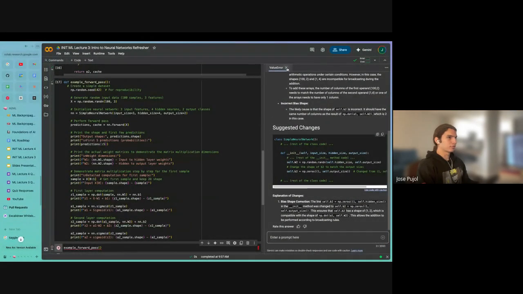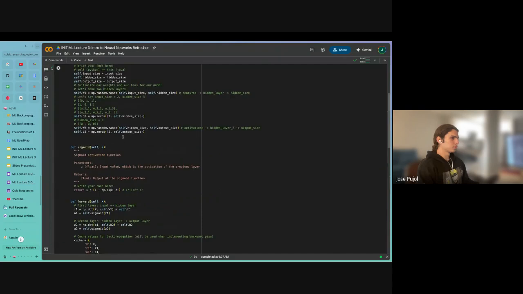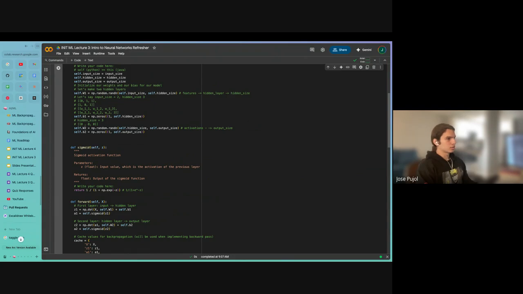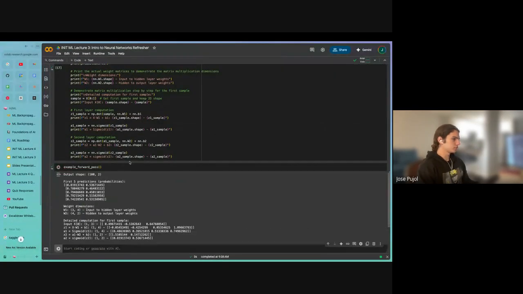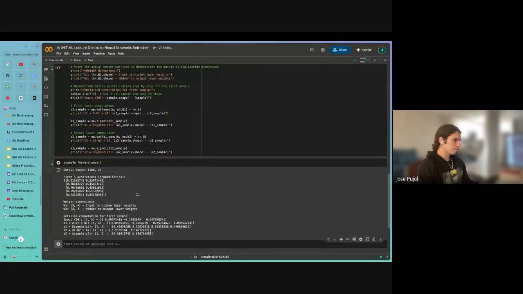Do you understand why I was getting the issue? I had hidden size here when it was supposed to be output size because this is the output layer. So this is activations coming in, and then this is the output layer. I hope that makes sense. Apologies. So now it works.